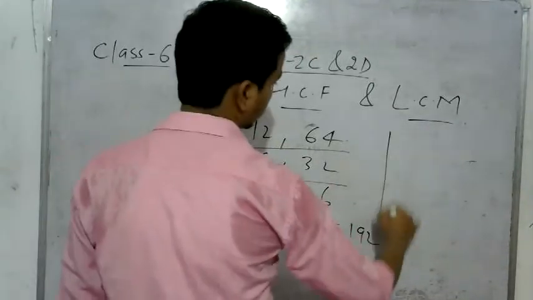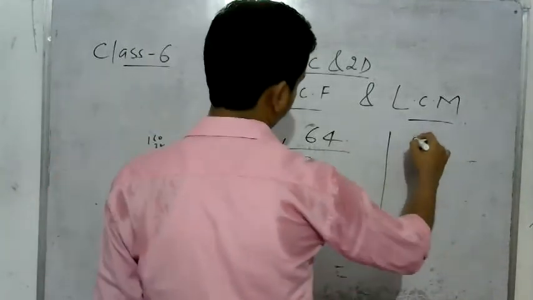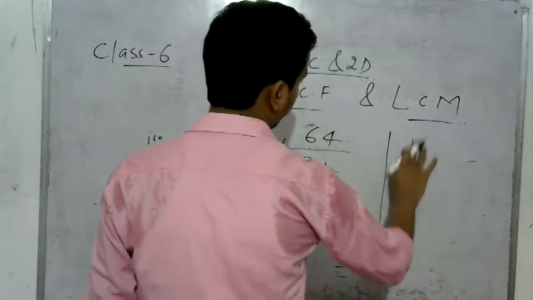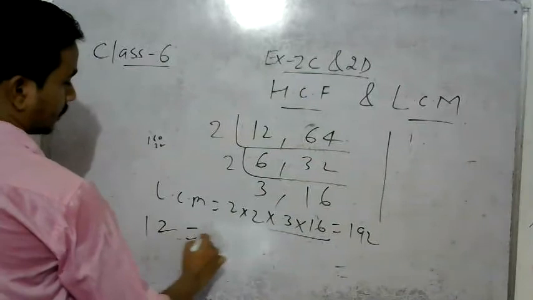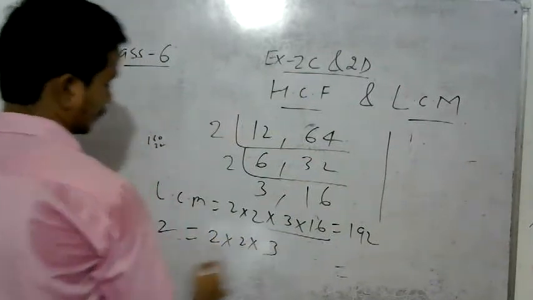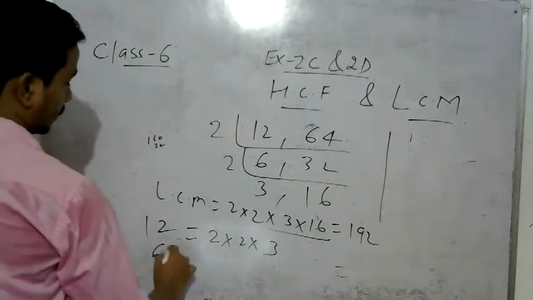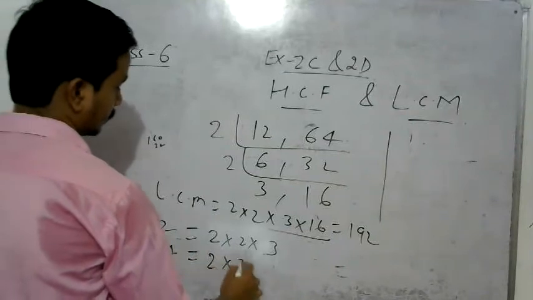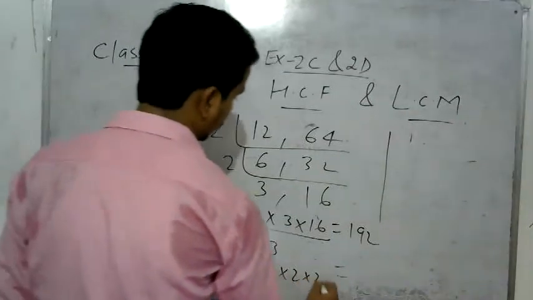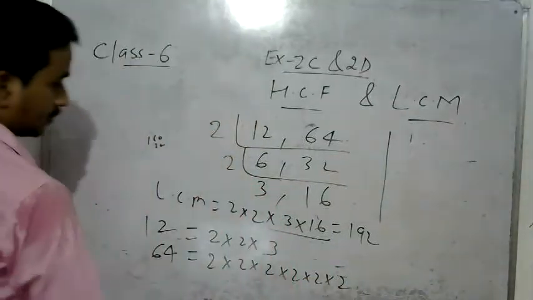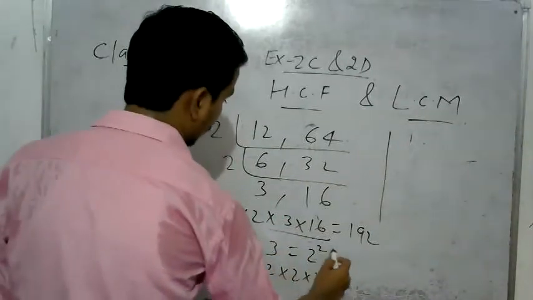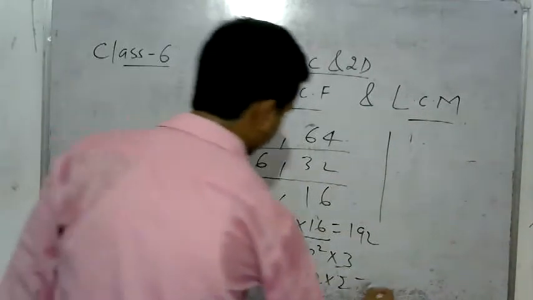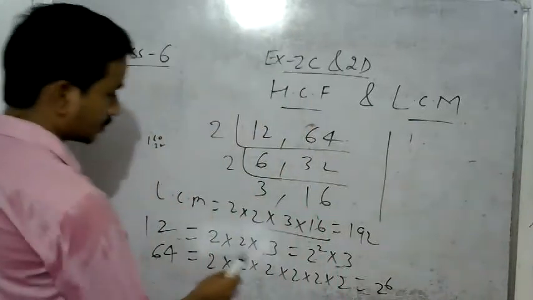You can also find this by prime factorization. So by the prime factorization method, what is the prime factor of 12? 2 into 2 into 3. And what is the prime factor of 64? 2 into 2 into 2 into 2 into 2 into 2. So find what is common. 2 is common.